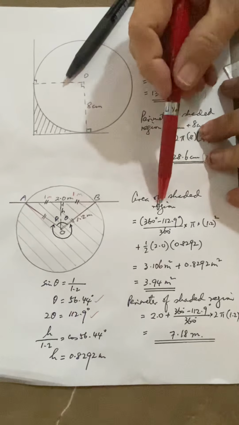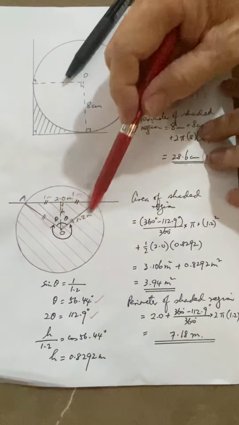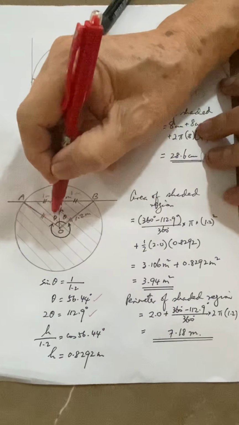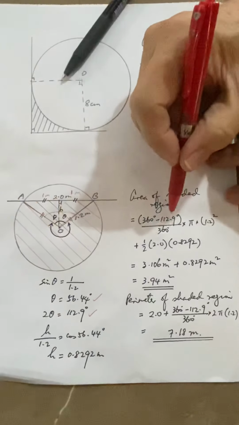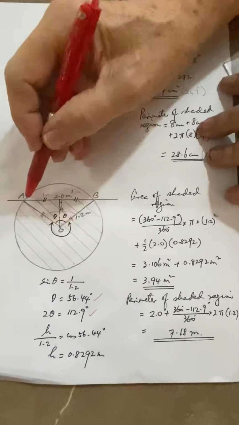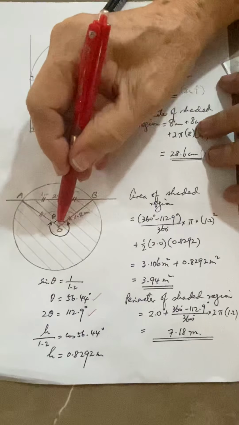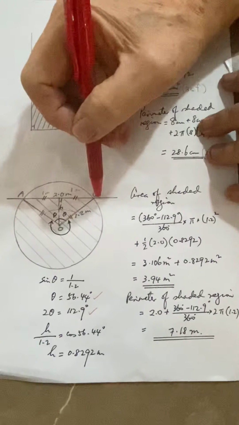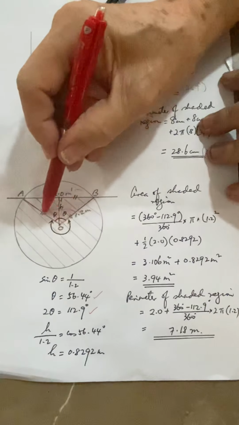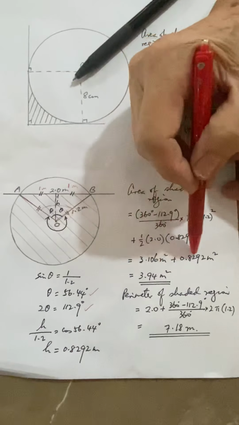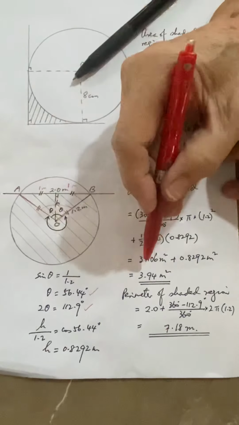So area of shaded region, I will use the major arc, which is 360 minus 112.9 divided by 360 times pi r square. Then I need to add this triangle, half times 2 times 0.8292, half times base times height. So remember, the first one only gives you the major thing. So you do all that, you get 3.94.